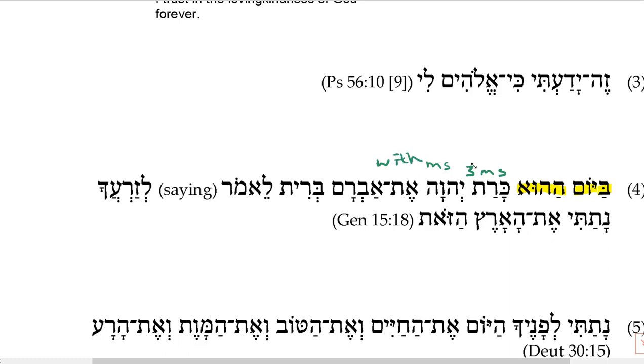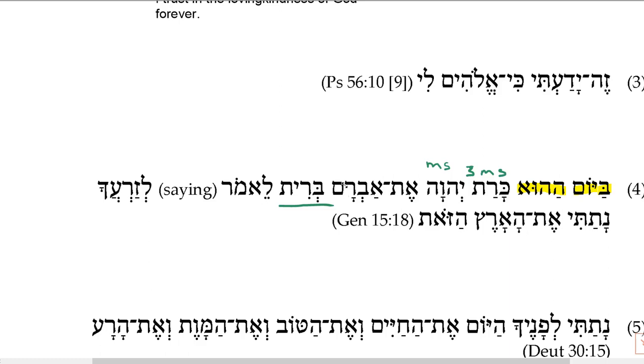Well, because we've got cut, so the Lord cut, and I've got another noun here, berit, which is covenant. And so if this was a direct object marker, what I'd have would be literally, The Lord cut Abram a covenant, which would almost make sense in English, but it is not how this is typically said in Hebrew. Hebrew normally speaks of cutting a covenant with someone, not cutting him. And so what we're saying here is the Lord cut a covenant with Abram.